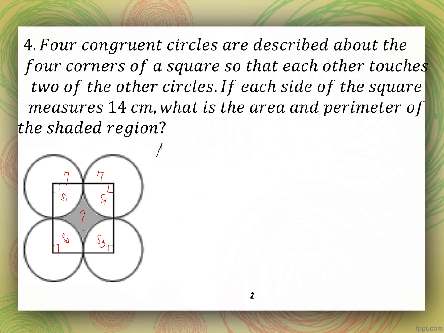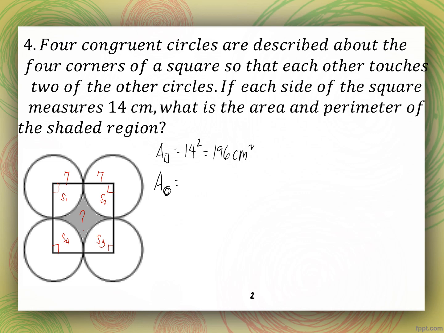So the area of our square, of course, the measure of the side of the square is 14, so that is 14 times 14, or 14 squared, which is equal to 196 square centimeters. Now for the area, again, instead of solving for separate sectors, we can just find the area of a whole circle, and our formula for that is pi r squared.